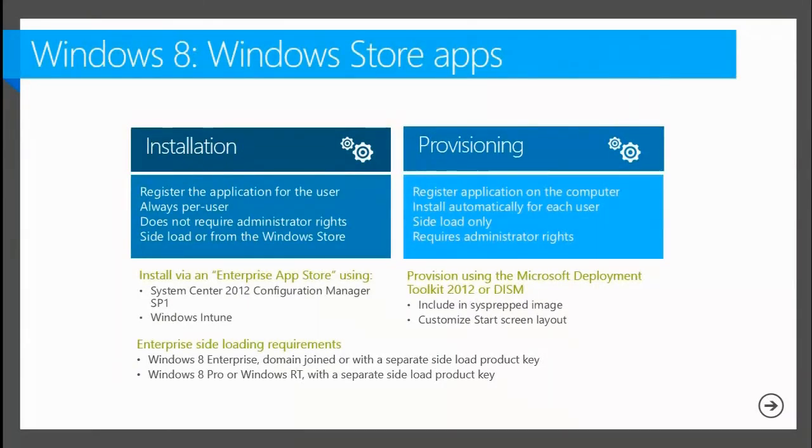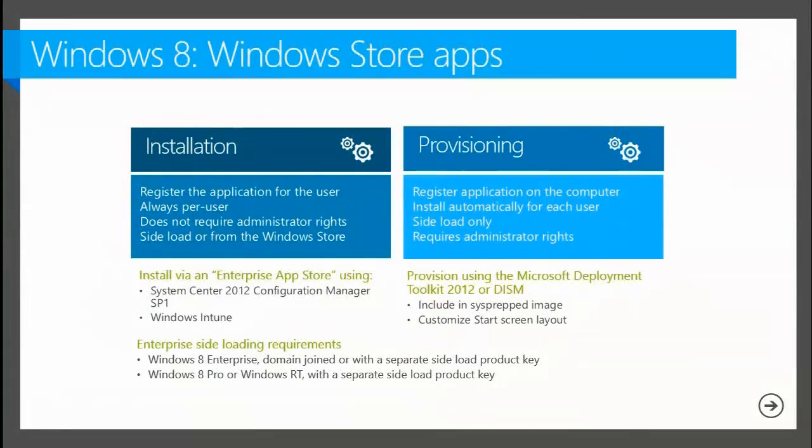Or you can use Windows Intune. Windows Intune also knows how to install Windows Store apps and provides a modern app, the company portal, where you can go and request apps that should be installed on the machine. So those basically are the enterprise app store options that we provide. There are also CodePlex projects that you can use for free that show the same thing.